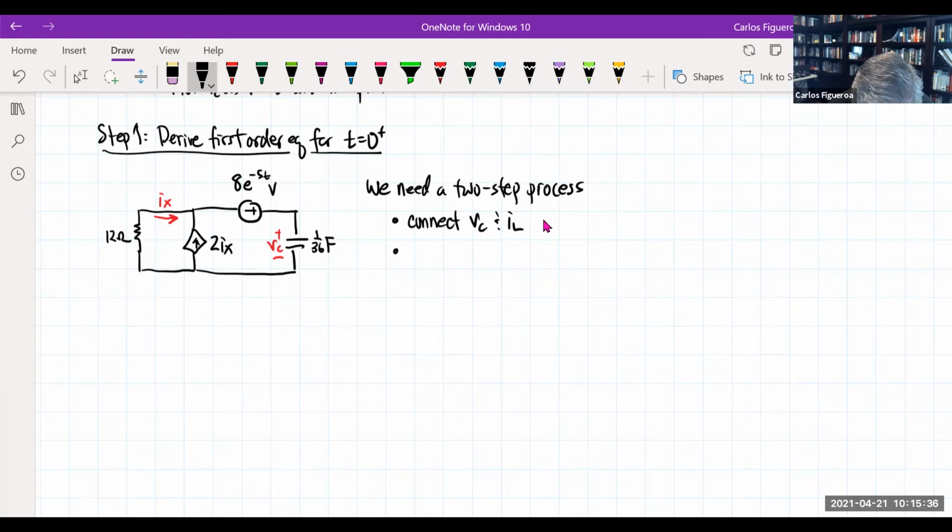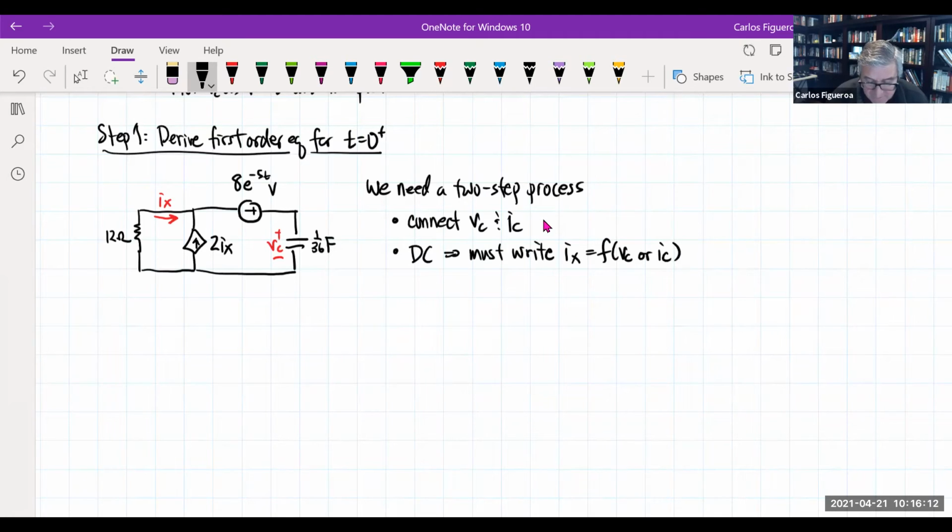And then I need a DC condition. That means DC condition implies we must write IX either as a function of VC or IC. Look at that, I wrote IL, but I really meant IC here. So let me be careful. It's either got to be in terms of VC or IC.